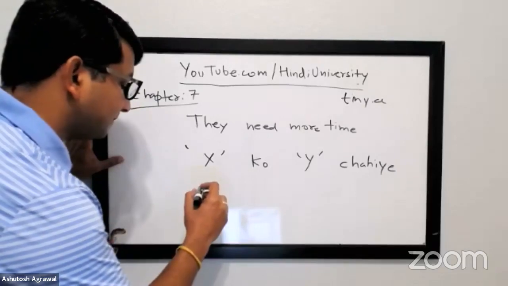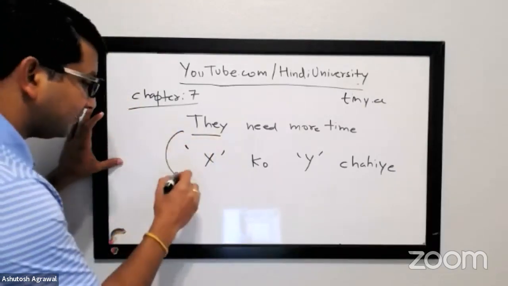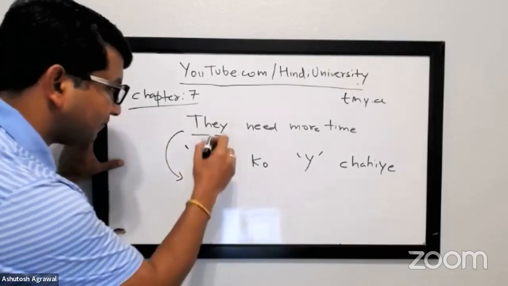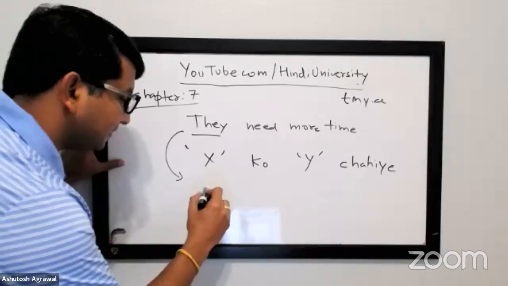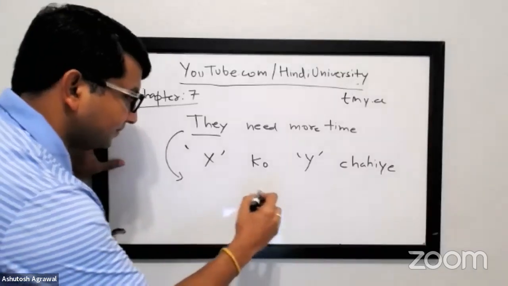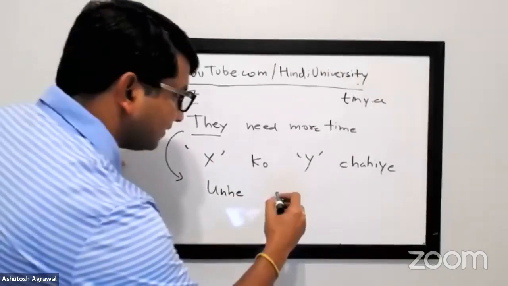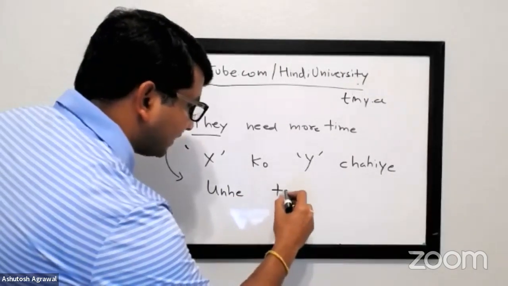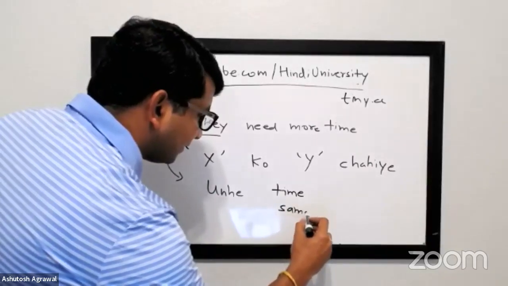I'm not sure how to say more. Unhe chahiye. Unhe, what is they? Unhe. Okay, time is? Samay.